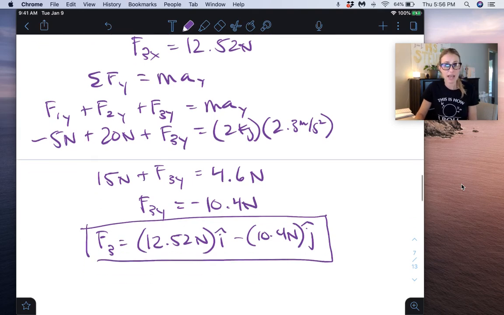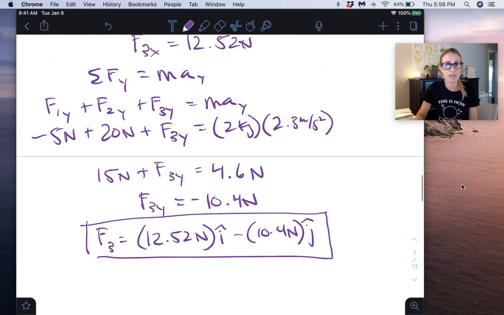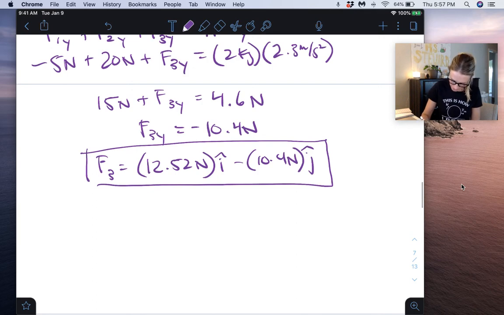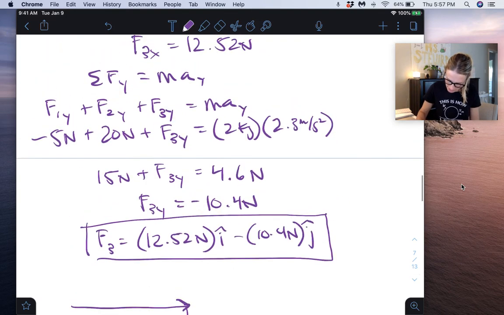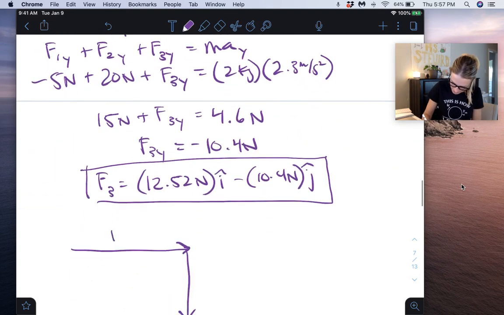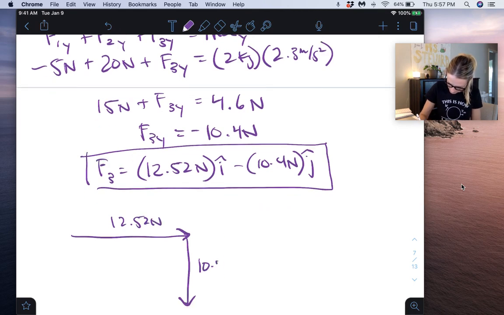And then for magnitude angle notation, we want to draw our triangle. We have a positive x and a negative y. Our positive x was 12.52 newtons, and negative y was 10.4 newtons. And here is our magnitude of force 3.